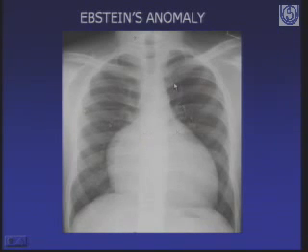This is the chest X-ray of a child with Epstein's anomaly: a grossly dilated heart with normal or just decreased pulmonary blood flow. If there is an atrial right to left shunt, pulmonary blood flow will be low with Epstein's anomaly.